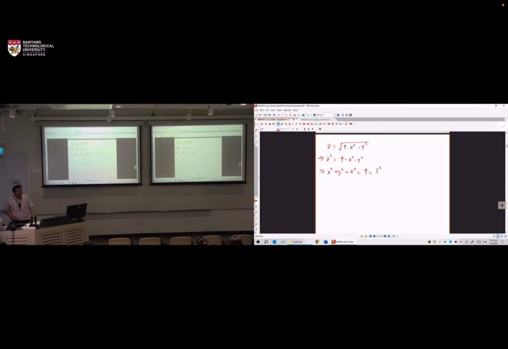So this is, we learned in high school, your x squared plus y squared equal to 3 squared is your circle, radius 3. But now, because we have one more variable, this is actually a sphere of radius 3.